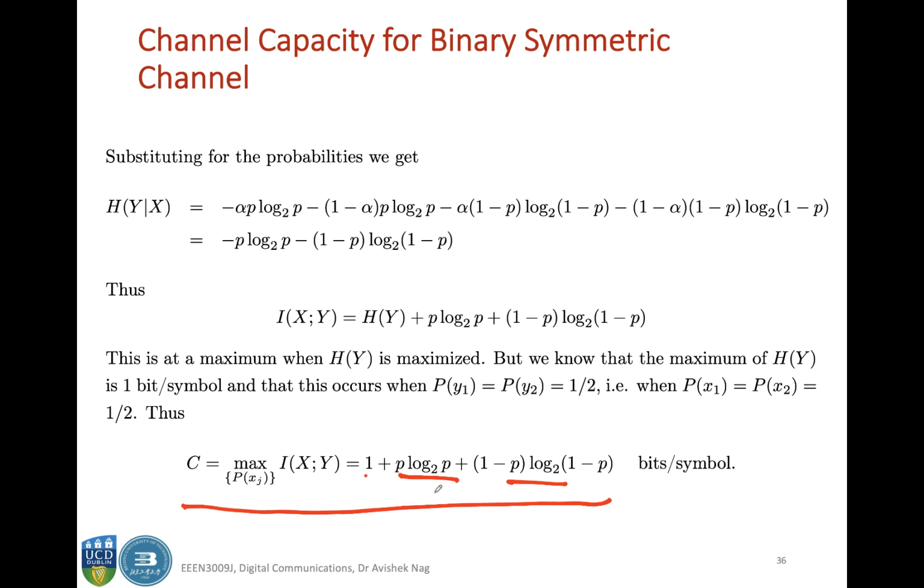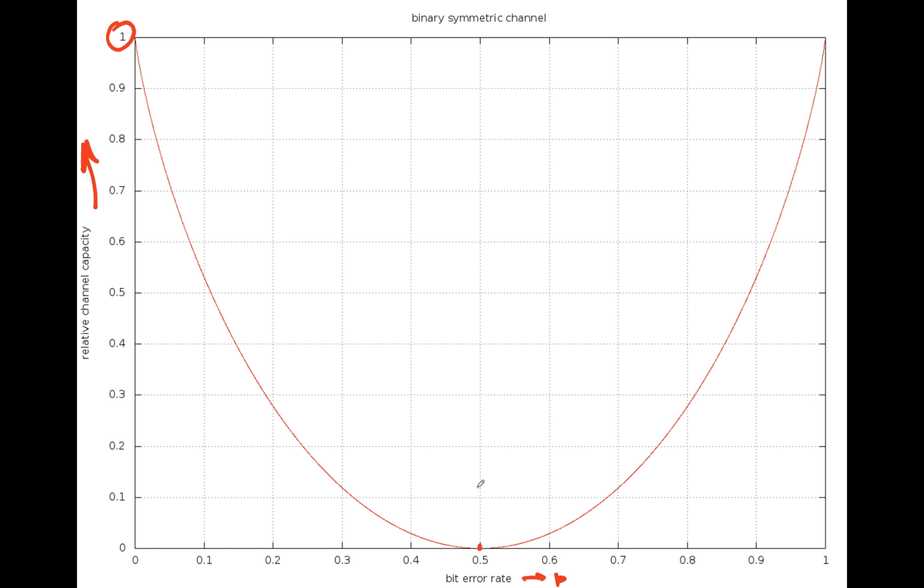And when P equal to 1, then also this expression will be 1. So you can see that when your P is half, you have the capacity as 0. When P equal to 0, you have 1, and when P equal to 1 also, you have the capacity as 1. So let's analyze this.